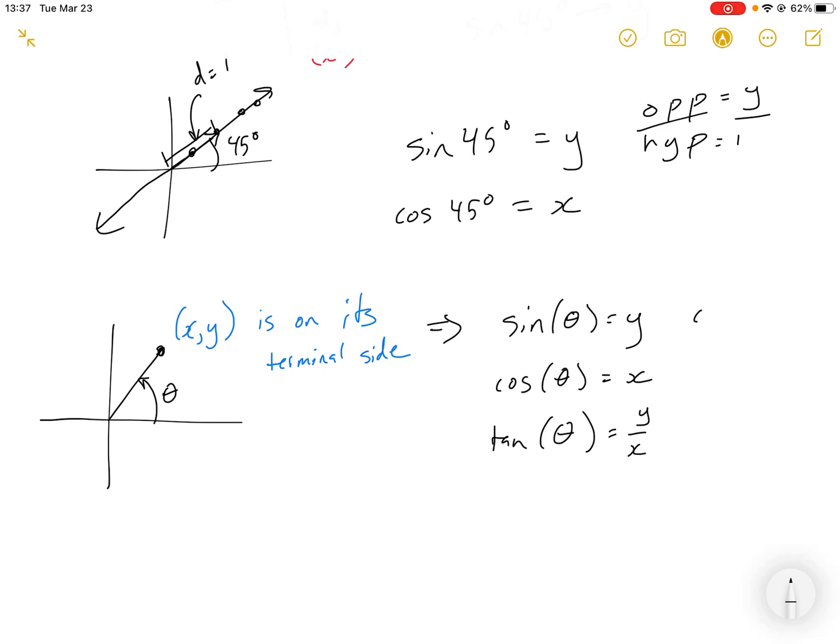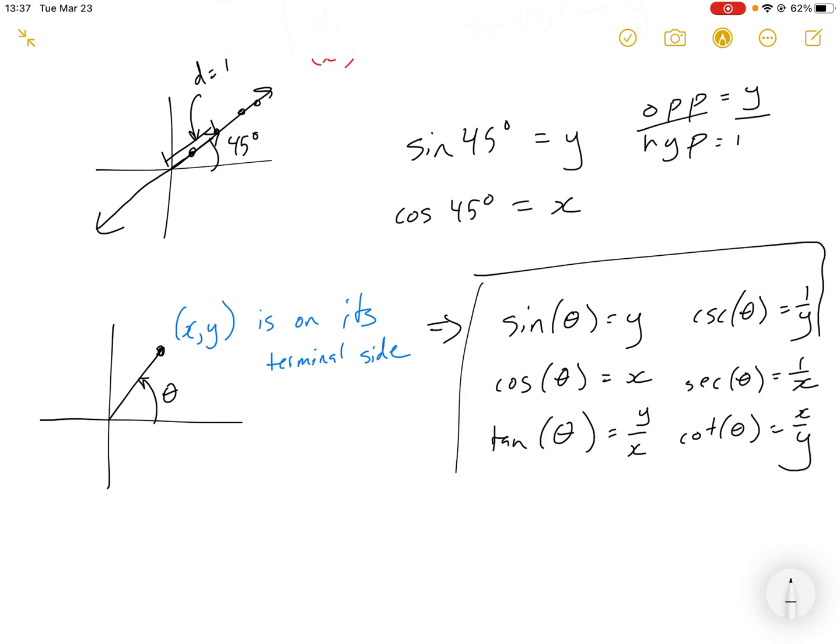And then we just have to take the reciprocals for the reciprocal functions. So we have cosecant is 1 over y, secant is 1 over x, and then cotangent of theta is x over y. And so just like with the triangles, we're now going to be using these relationships, but it comes directly from that idea of the triangles. Now here's why this is useful.